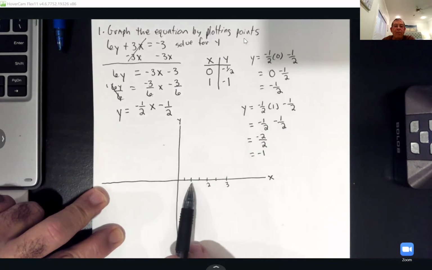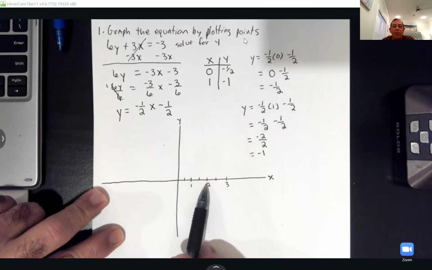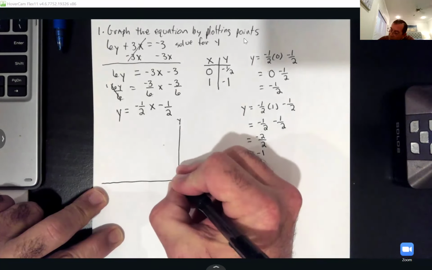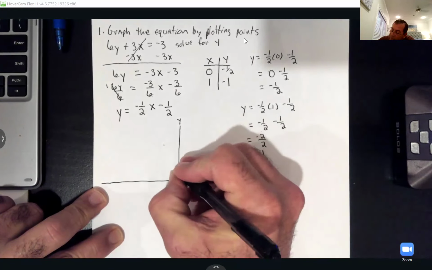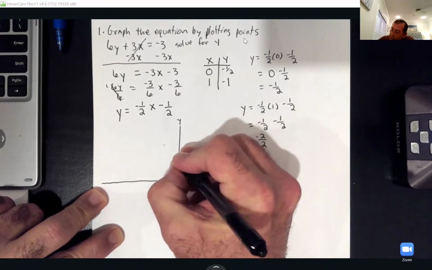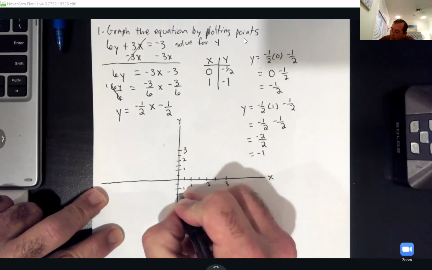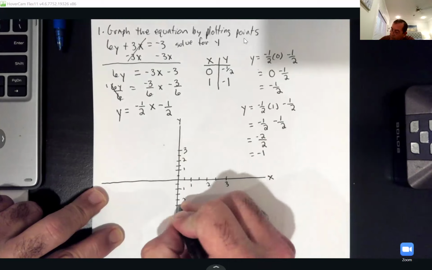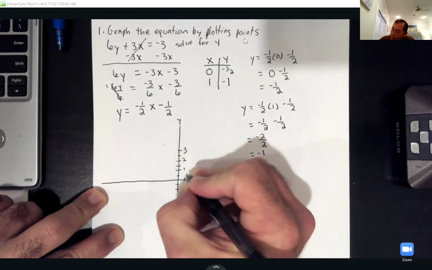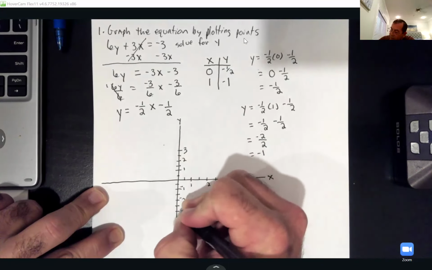So like 1/2, 1, 1.5, 2, 2.5, 3. They'll put halves in between everything on MathLab. Whoops, those are negative.